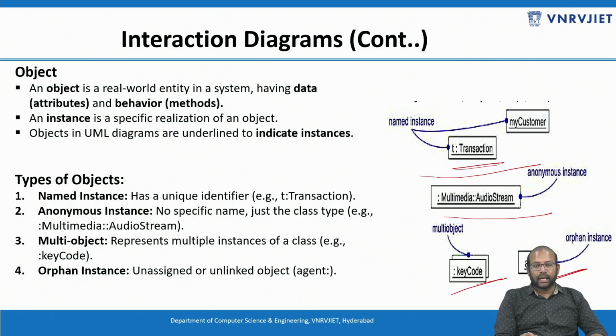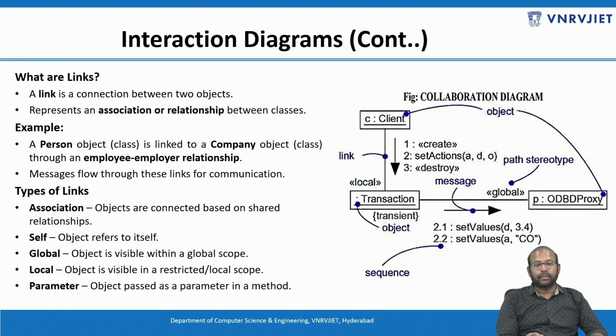Because the object and class both look graphically the same, you differentiate them simply with the help of an underline. If it is underlined, it is called an object. A multi-object sometimes represents multiple instances of a class. If you are representing more than one object, we go with the multi-object concept.